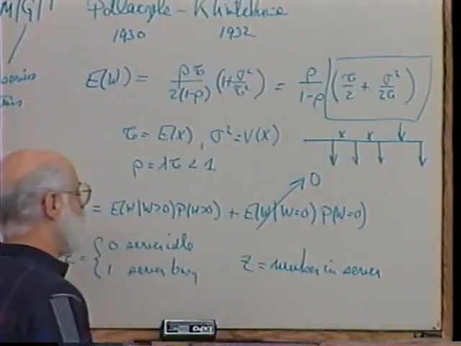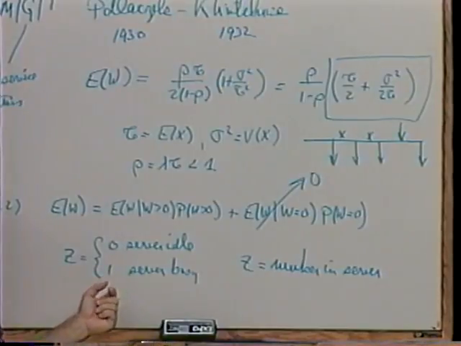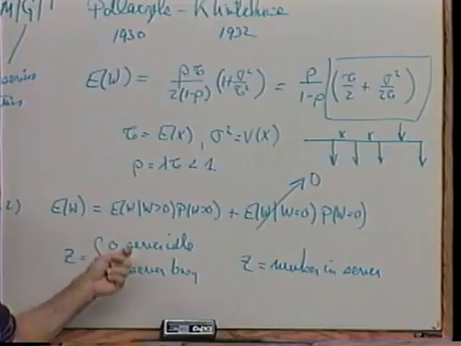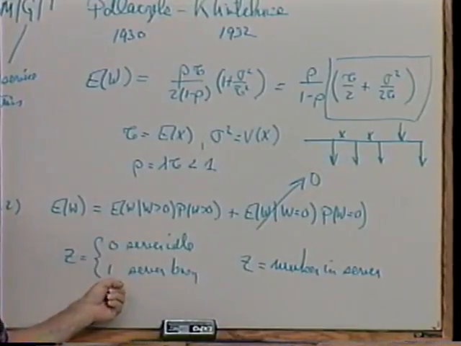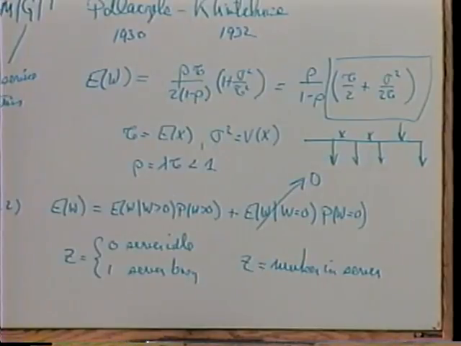One of the things I'm going to use here is Little's theorem, in which the server is the system. And in that system, there can be either state 0, which means nobody's in it, or 1, which means somebody's in it. So all kinds of things are going to come together here now: Little's theorem, PASTA, and renewal theory.